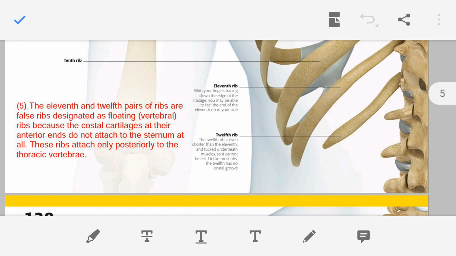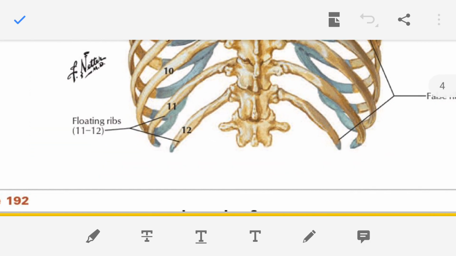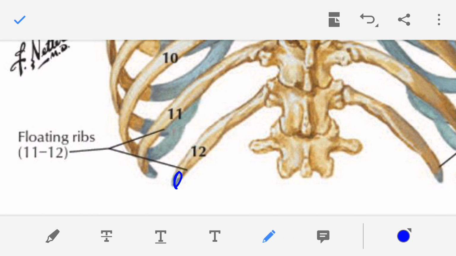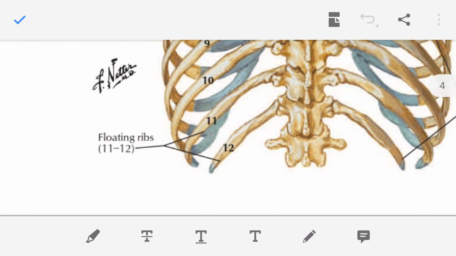So in the figure I am showing you, now you observe this. This is the costal cartilage of the 11th rib, and this one is the costal cartilage of rib number 12. So as you can see, these costal cartilages are not articulating with the sternum anteriorly, and on the posterior side, these 11th and 12th ribs are joining with the thoracic vertebra.